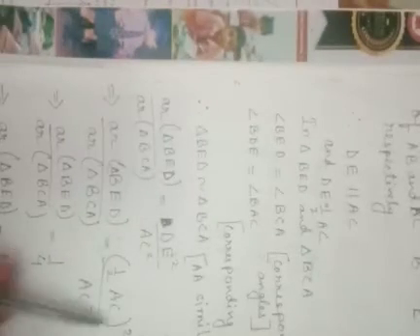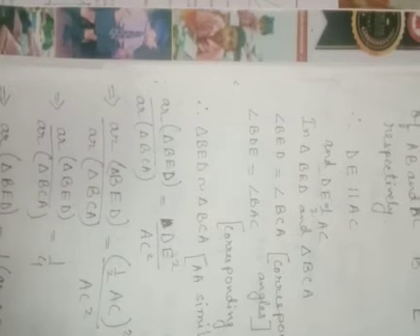That means DE is half of AC. So by changing DE into AC, we will get half AC whole square in this expression. So AC square and AC square will cut down, and half into half is equal to 1 by 4. So the ratio of the area of the triangle BED and BCA is in the ratio of 1 by 4, or 1:4.